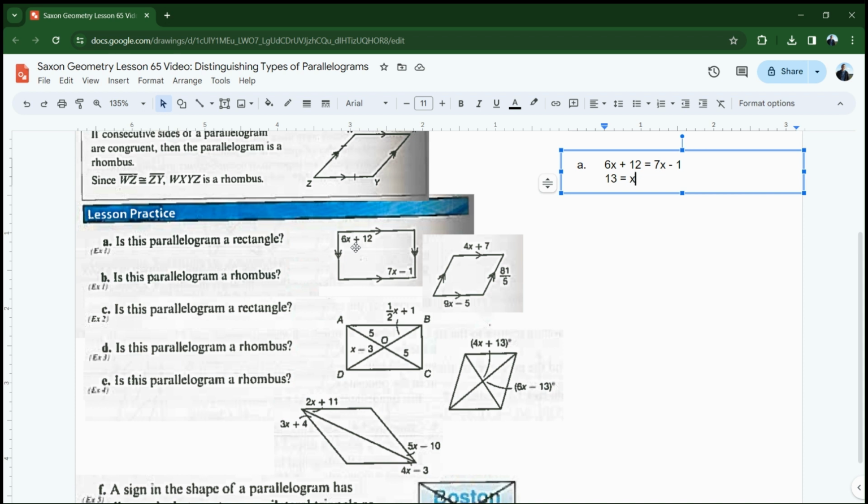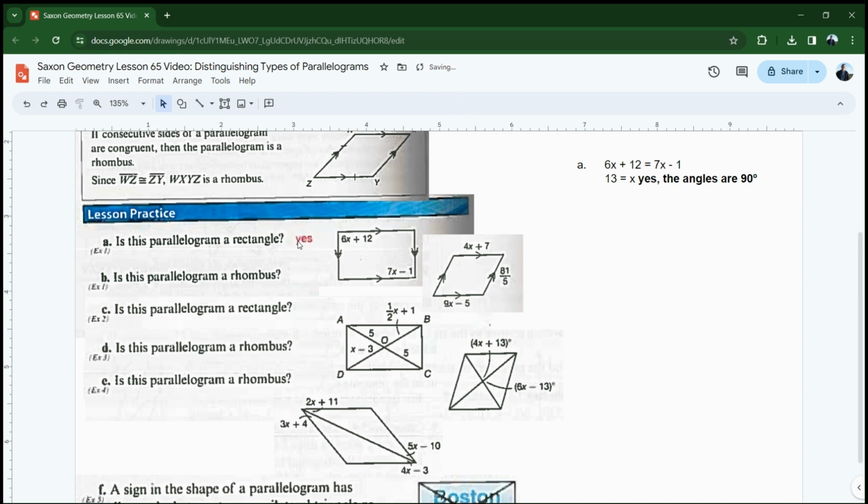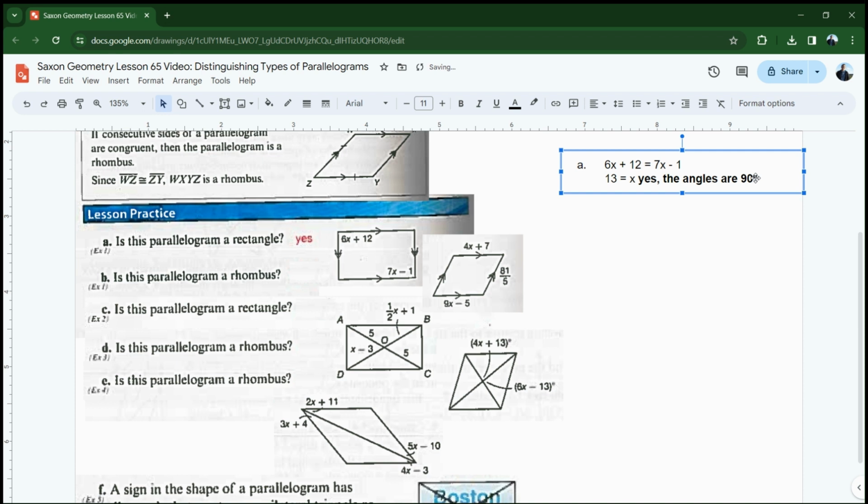I was wrong. 78. Okay. Plus 12 is 90. Yes, this is a rectangle. So my answer here, I would say yes. The angles are 90 degrees. So we proved that that's a rectangle. Verify, bam, and let's go on to letter B.